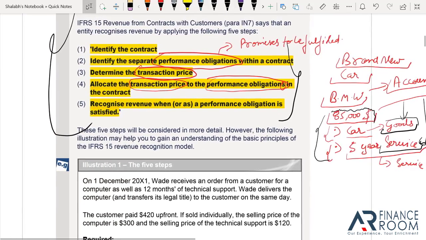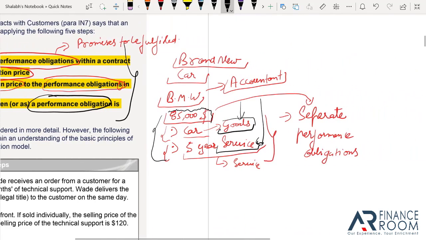This is what this point says: allocate the transaction price to the performance obligations in the contract. Do you get this? And then recognize the revenue when the performance obligation is satisfied. Now, same example. The car was handed over then and there, so the performance obligation of handing over the car was satisfied.